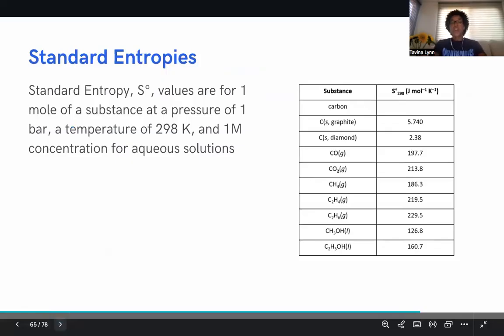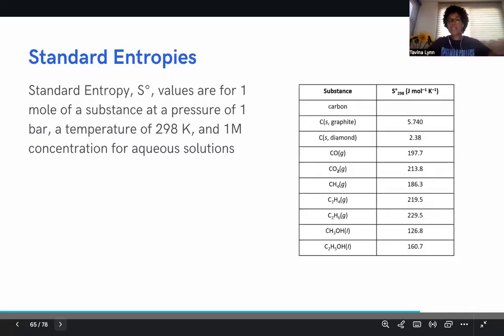All right. So just like with enthalpy, we can have standard enthalpy of formation values. We can also have standard entropy values. These are values that have been experimentally determined under standard conditions.